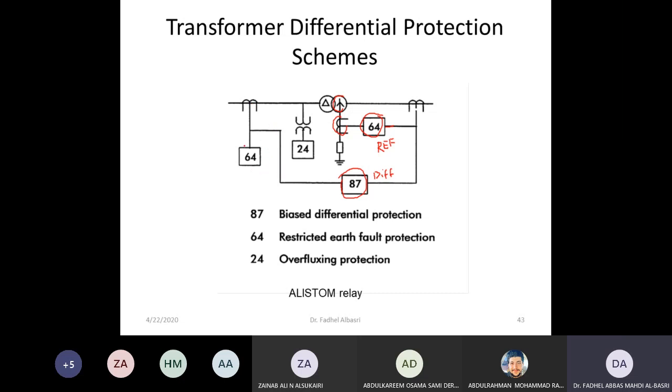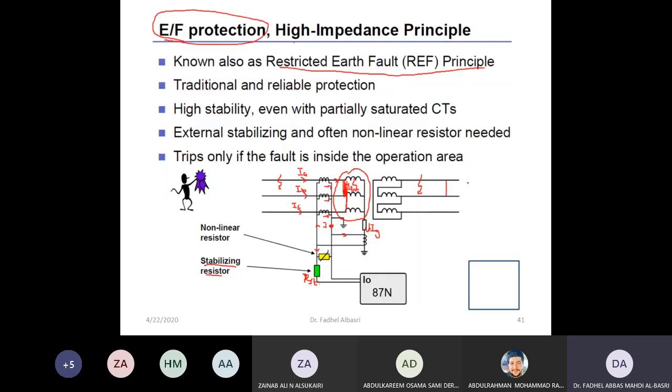And there is another restricted earth fault at the delta side. It is something where you connect these CTs here in parallel. It will also only detect faults in the star.